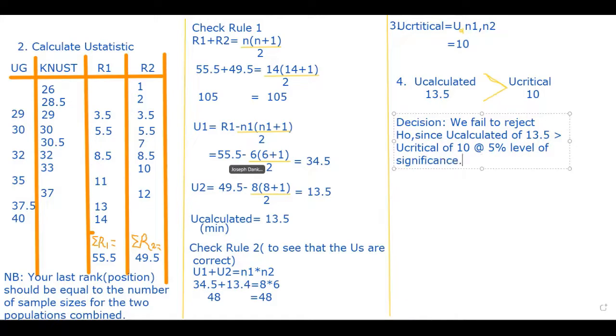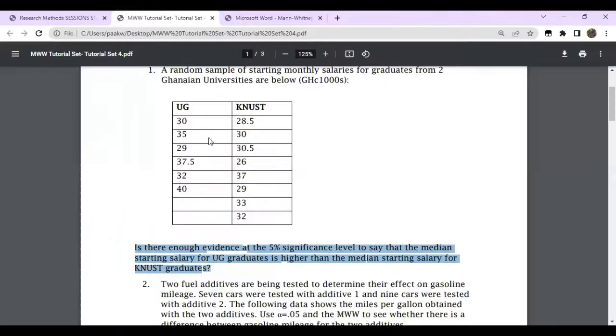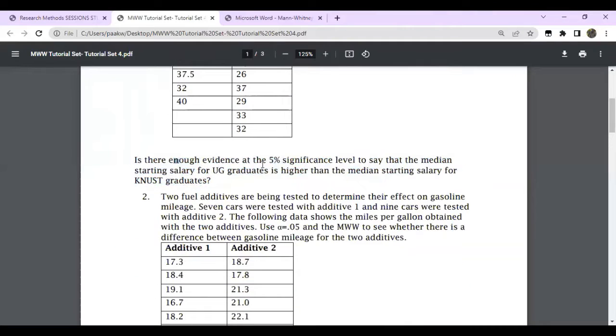And the question was like, conclude practically. Is there enough evidence at the 5% significance level to say that the median starting salary for UG graduates is higher than? And we said the higher than is in what? The alternate hypothesis, right? Yes.